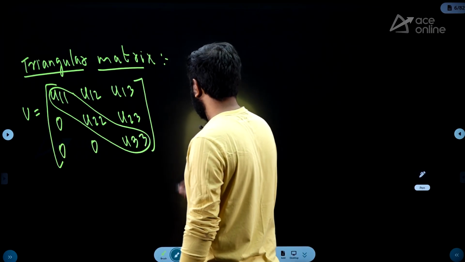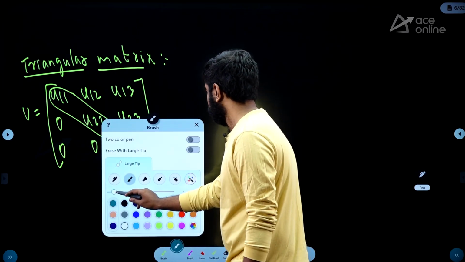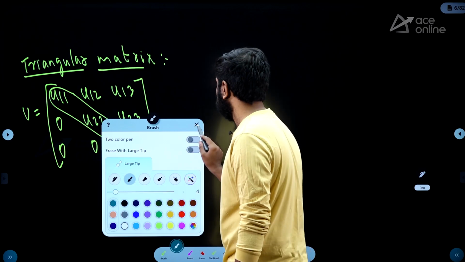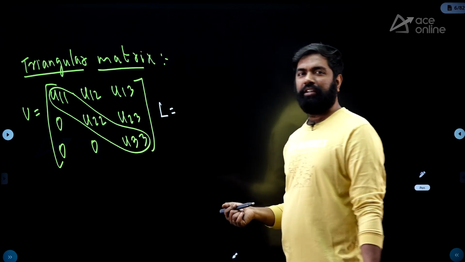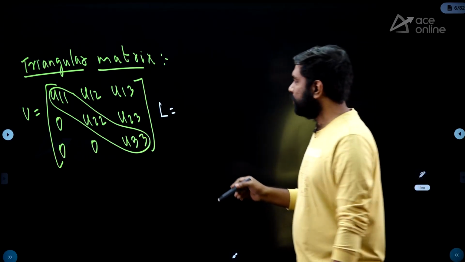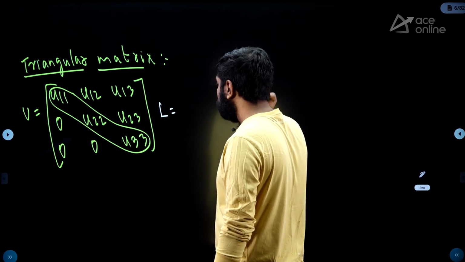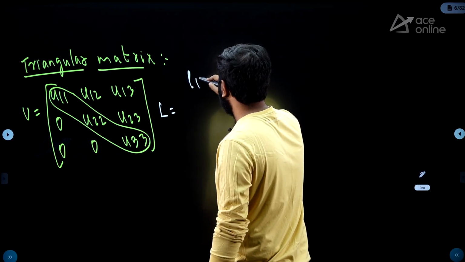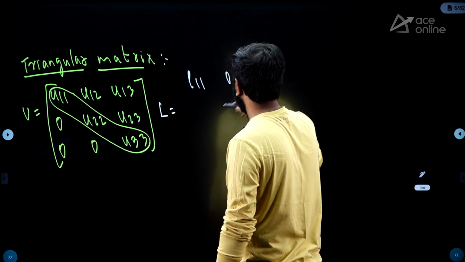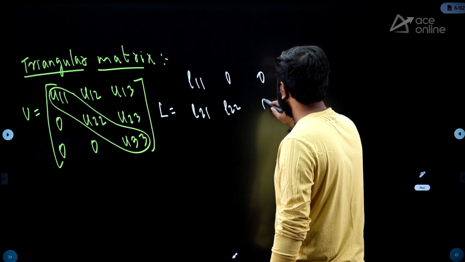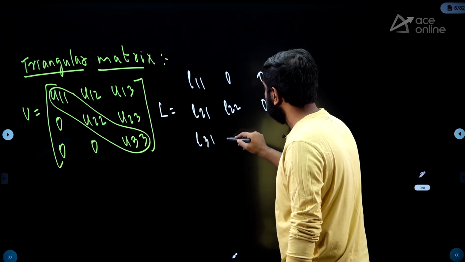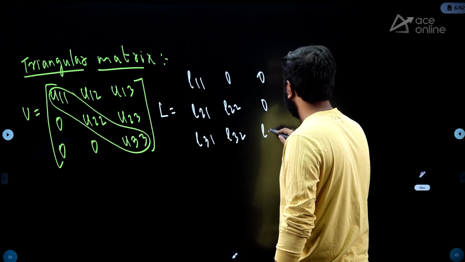Let's create a lower triangular matrix. I know these things are very simple, but simple things, when implemented, can solve complex problems. So I create a lower triangular matrix: L11, 0, 0; L21, L22, 0; L31, L32, L33.